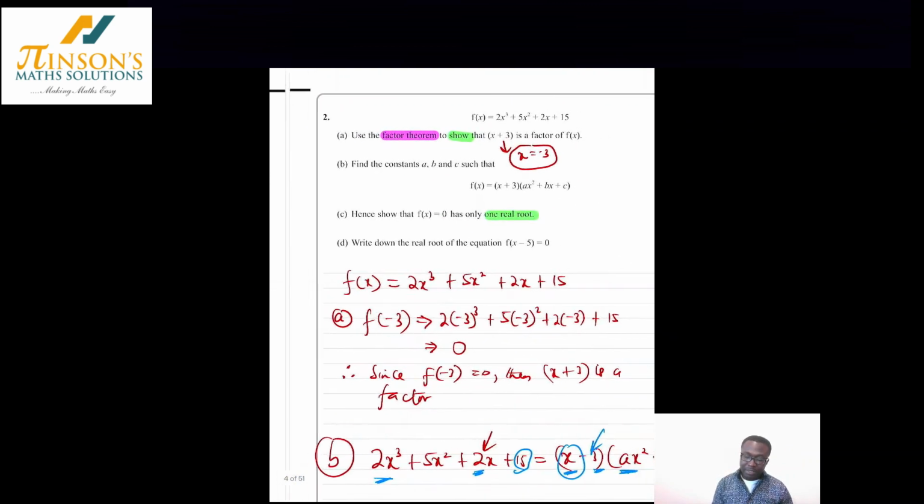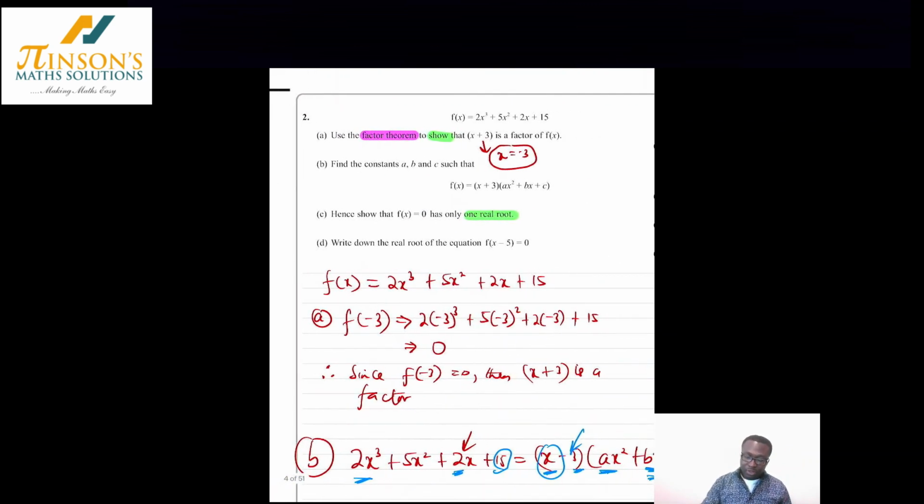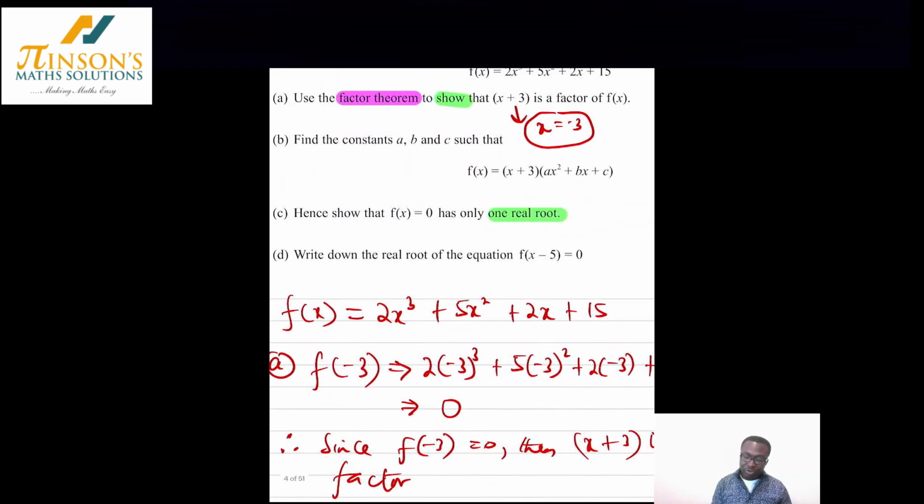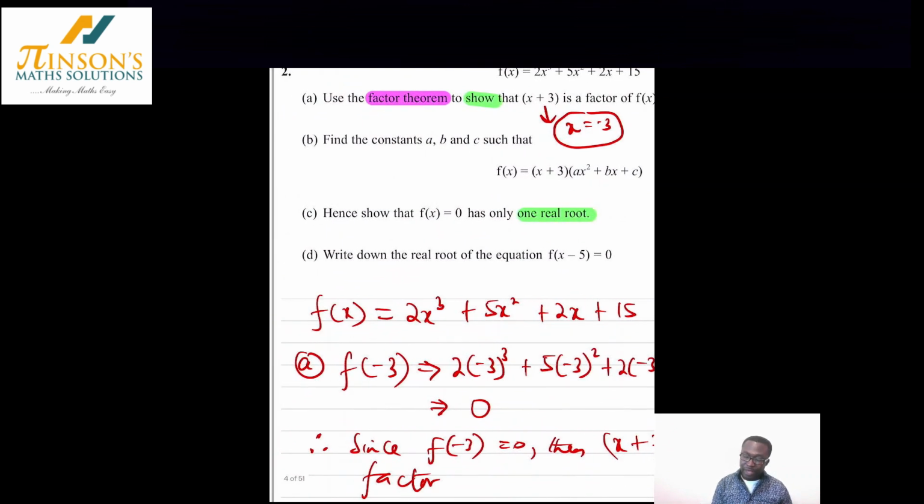The last part says write down the real root of the equation f of x minus 5 equal to 0. What that means is, because we know the only root is x add 3, now this x is being replaced by x minus 5. So we're going to have x minus 5 add 3.